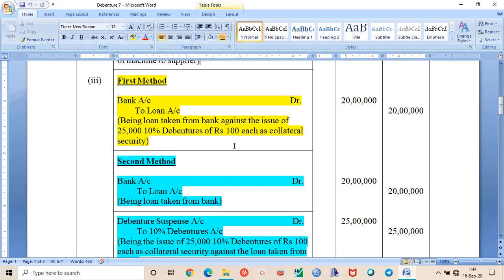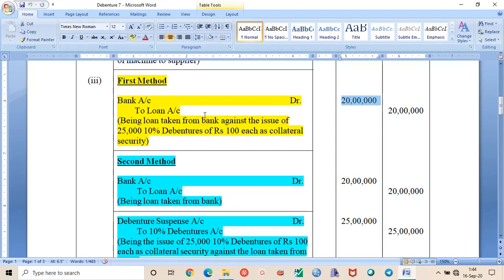So the first method is when no journal entry is recorded. What kind of journal entry? Have a look at the case. The number of debentures were issued as collateral security to the bank for the loan taken. Now you have taken the loan from the bank. The bank doesn't give you loan just like that.